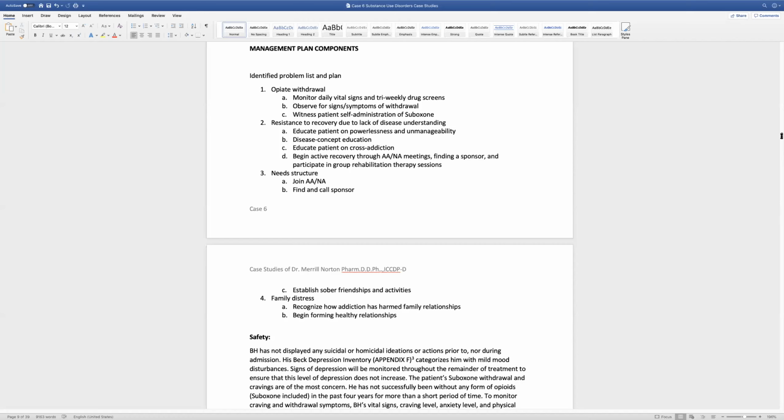Manage 6 to 8 clients, just like BH. They cannot manage our IOP. They need residential first. Do you send them to residential, or do they have to fail outpatient first, Danielle? Okay. So long-term residential would be what would be indicated, and this would be because of the increased need for structure.